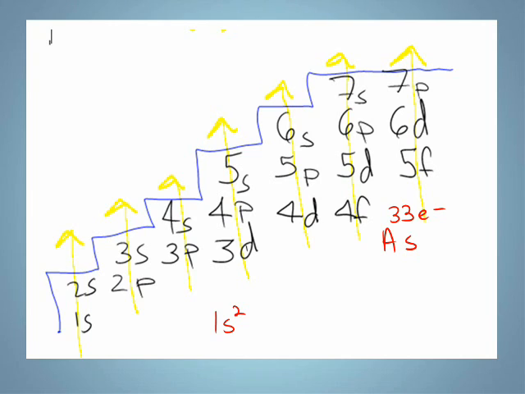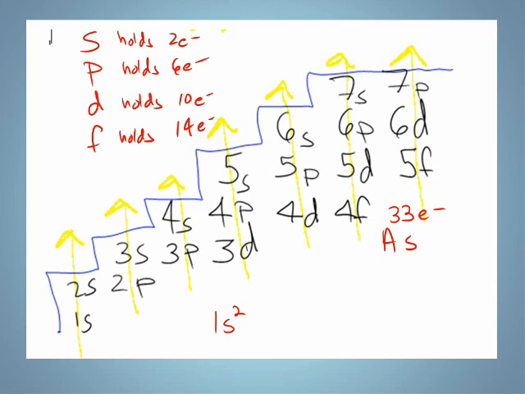Now the thing is, this doesn't tell you how many electrons it has, but at this point you should really know. So s holds 2 electrons, p will hold up to 6 electrons, a d orbital holds up to 10 electrons, and an f orbital holds up to 14 electrons. So just knowing that, we don't really need the reminder anymore. So 1s2, we need 33 electrons.